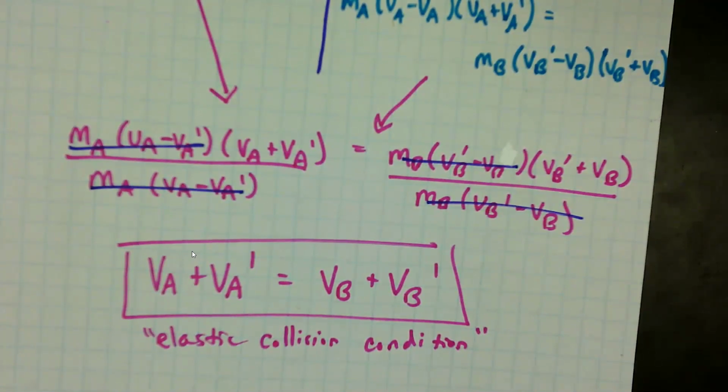In two dimensions, and we're not really going to do much with that, there is no nice, neat equation for a two-dimensional elastic collision. But for one-dimensional elastic collisions, where they stay going along the same line, you can use this equation.